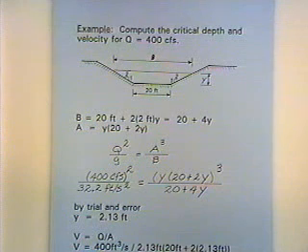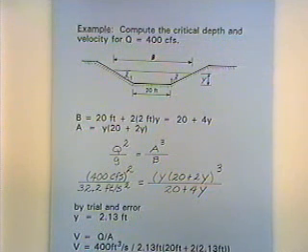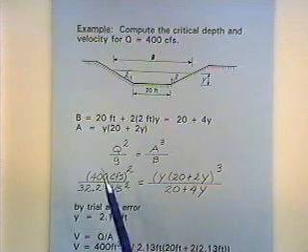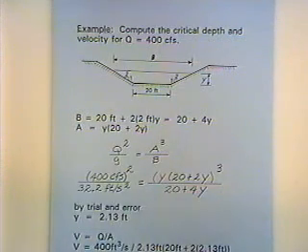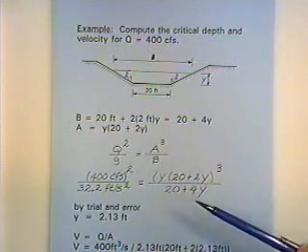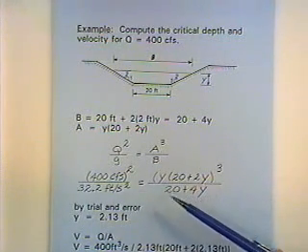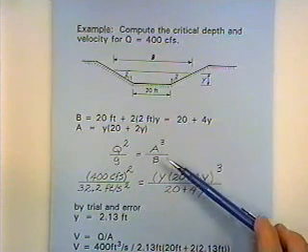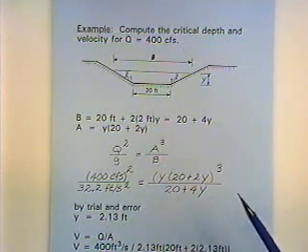That's the same channel section we worked with last time, the trapezoidal cross section with a 20-foot bottom width and 2-on-1 side slopes. And so we've gone through the geometry of that and have an expression for the top width, an expression for the area. Here's the equation that's derived on the previous transparency from minimizing specific energy.